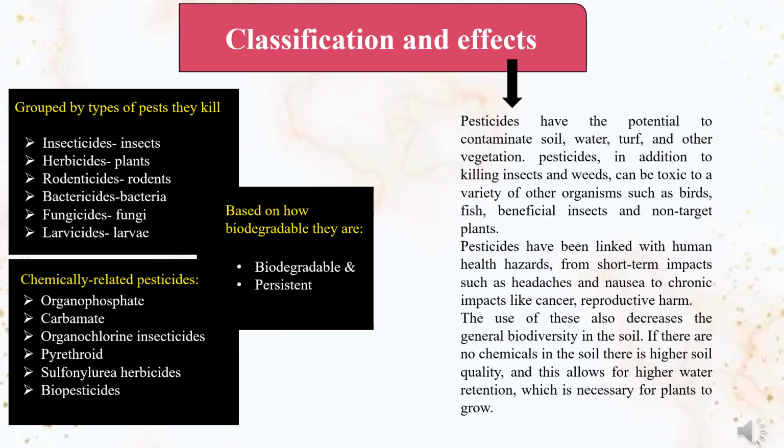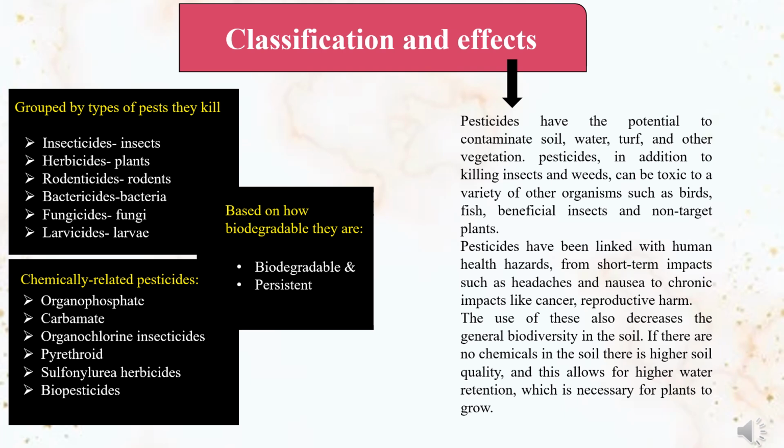Coming to its classification and effects, pesticides are grouped according to the types of pests which they kill. The first one is insecticides. The second one is herbicides. Third, rodenticides, bactericides, fungicides, and larvicides.